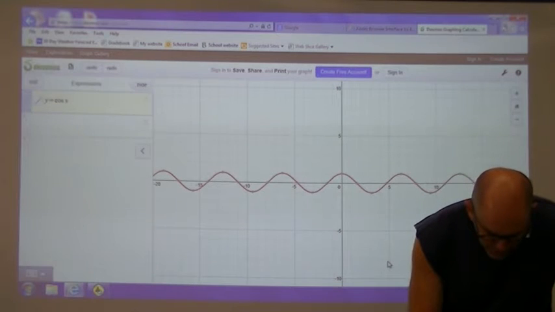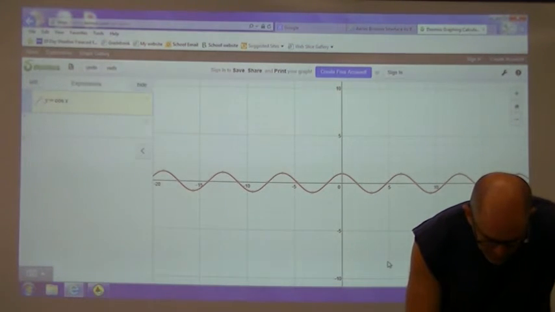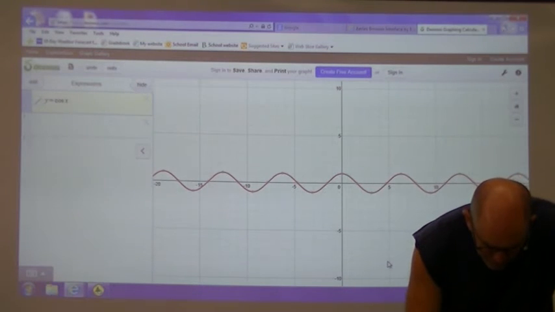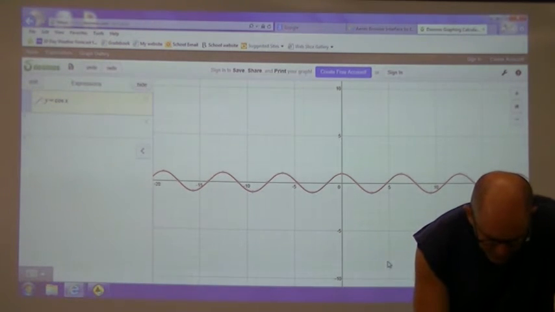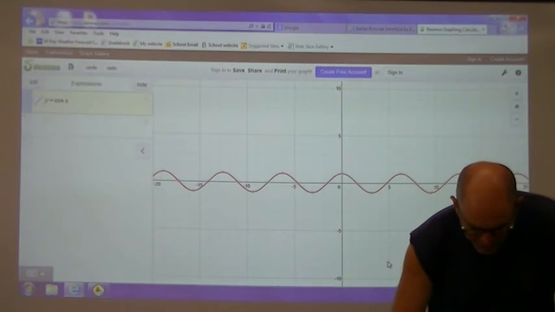Or if I put in 4 into the function, what is f of 4? They don't tell us. That's obnoxious. Let's see. F of 4... Yeah, that's just not worth plugging a 4 in.